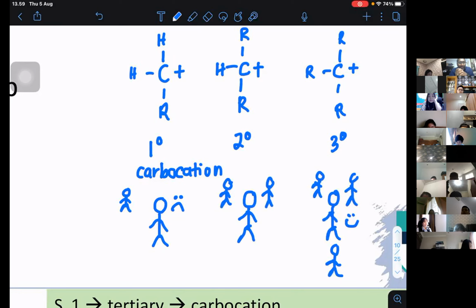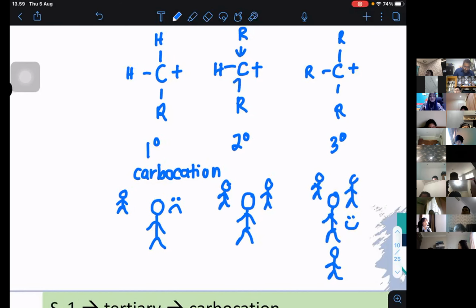Now, do remember, our group is something that can donate electron. They will give you electron. And in chemistry, whenever something is giving electron, we call it positive inductive effect.